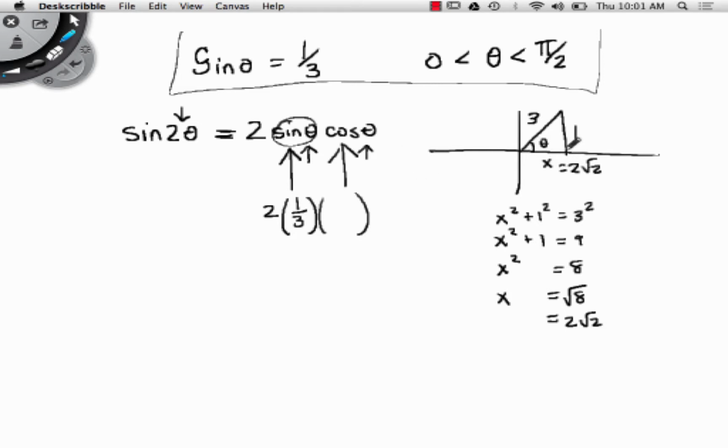Here's the adjacent, and the hypotenuse: 2 square roots of 2 over 3. Now I just multiply all the numerators: 2 times 1 is 2, times 2 is 4, so that's 4 square roots of 2, and I multiply the denominators, and that's 9. And that's what the sine of 2 theta is equal to.